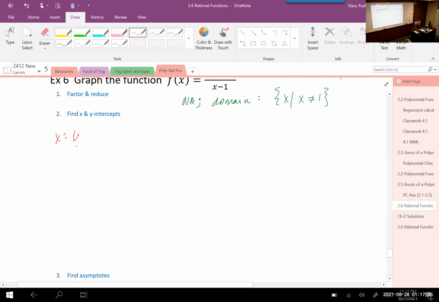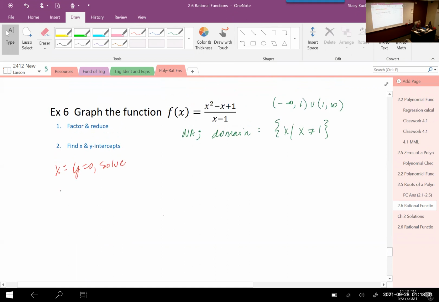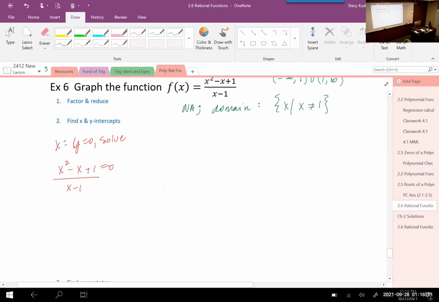That's where we set the function equal to 0 and solve. So when we set this function equal to 0 and solve, we would multiply both sides to get rid of the denominator.